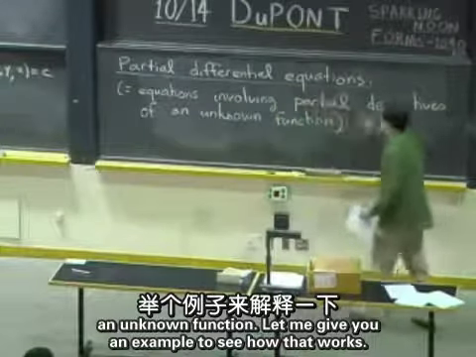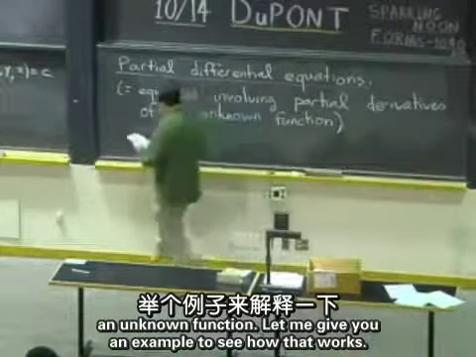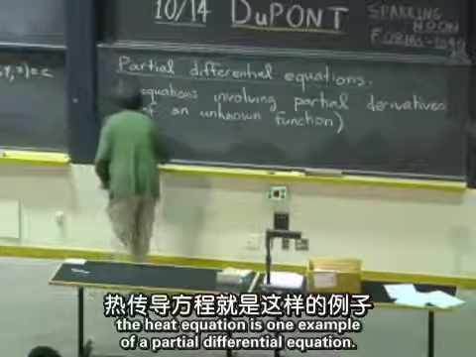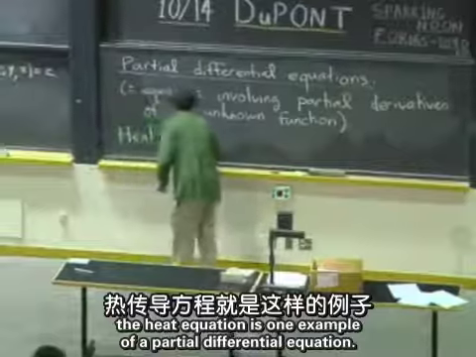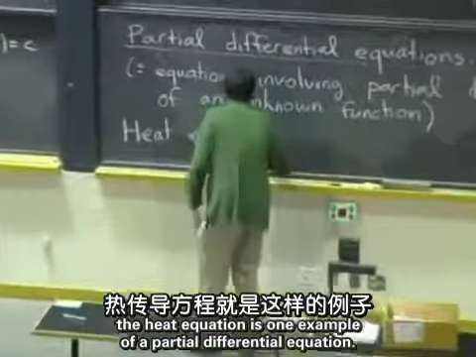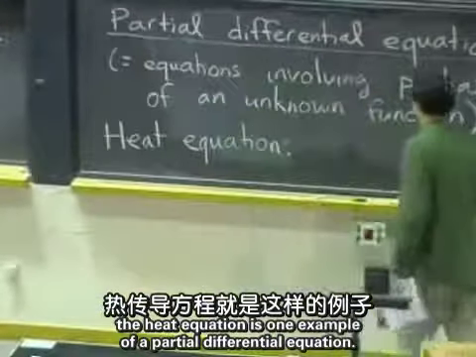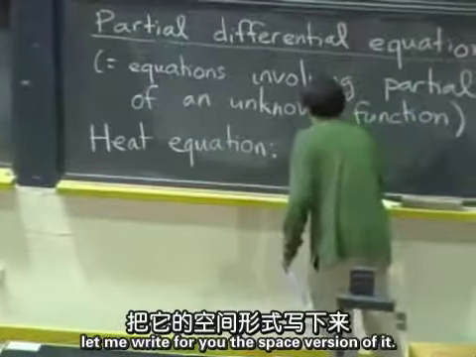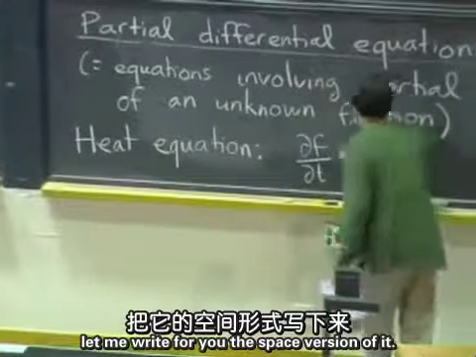Let me give you an example to see how that works. So, for example, the heat equation is one example of a partial differential equation. It's the equation, well, let me write for you the space version of it.